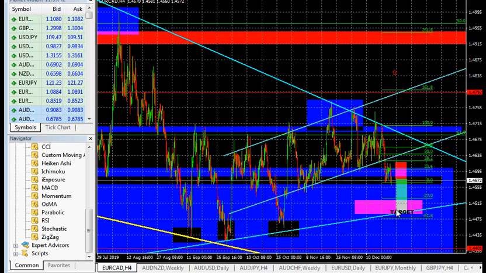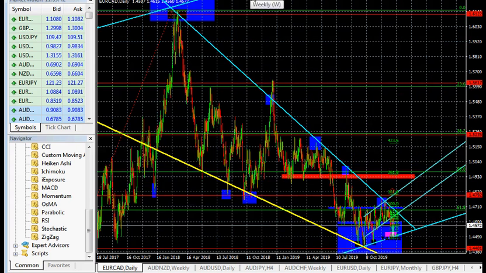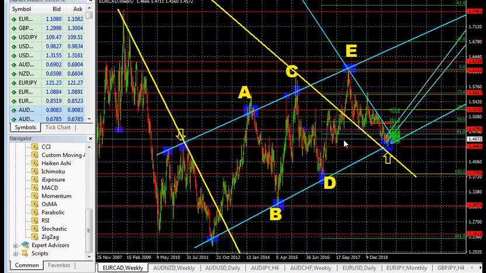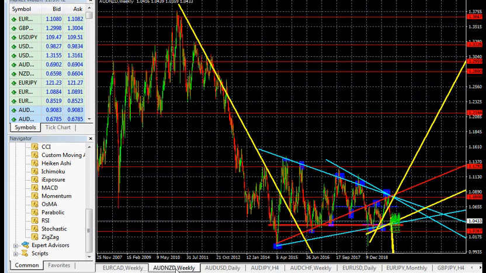But if it comes down here and breaks this support level, we should expect a bearish sentiment. That is a bearish market. So in 2020, watch out for this currency pair as price action unfolds itself.